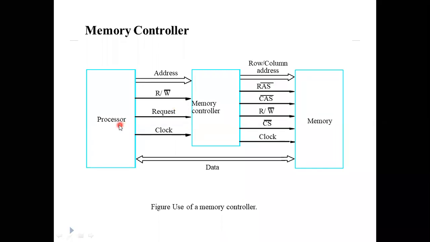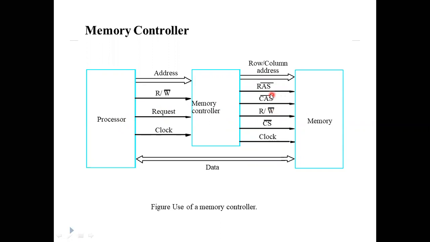When a processor requires some information, whether a read operation or a write operation, it will send a request signal to the memory controller. Then the memory controller will serve the request by sending a read signal or a write signal to the memory.